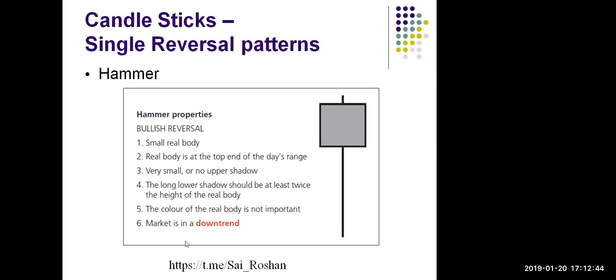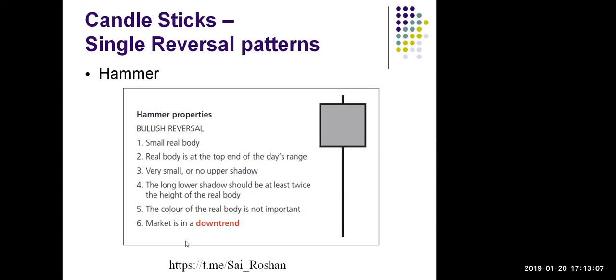Okay. Now this one, to start with, is called a hammer. As you can see, it indicates a bullish reversal. And before I say anything else about the hammer, please remember that the location of these kinds of candles in the chart is very, very important.